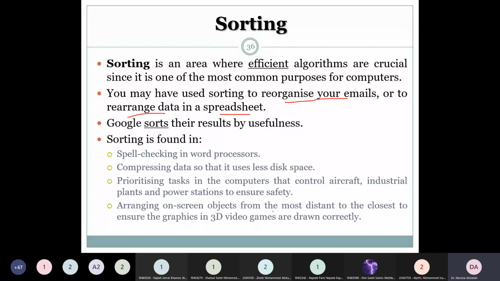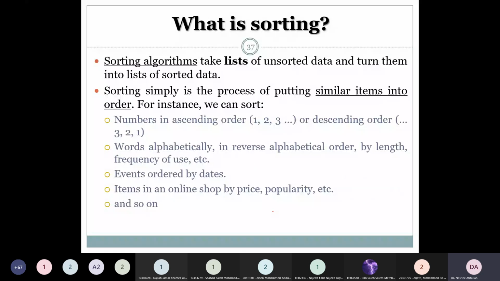So what does sorting mean? Sorting algorithms take lists of unsorted data and turn them into lists of sorted data. So the input is unsorted data, the output will be sorted data. Sorting is simply the process of putting similar items into order.